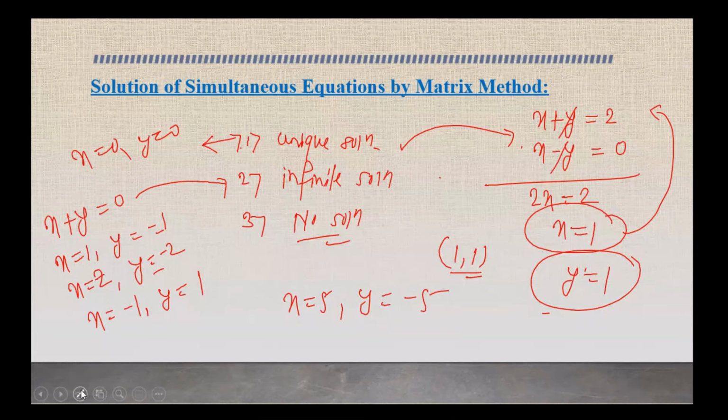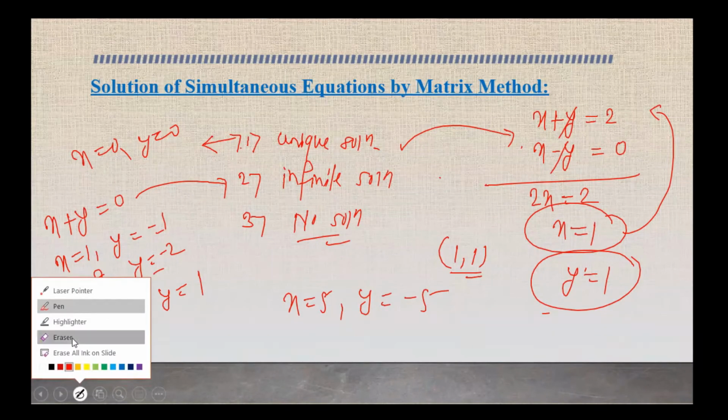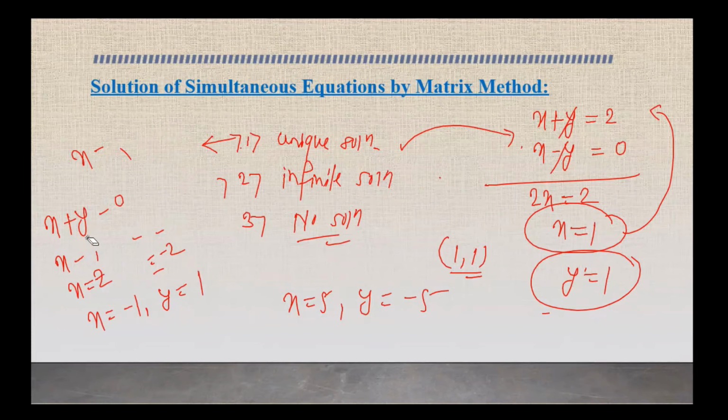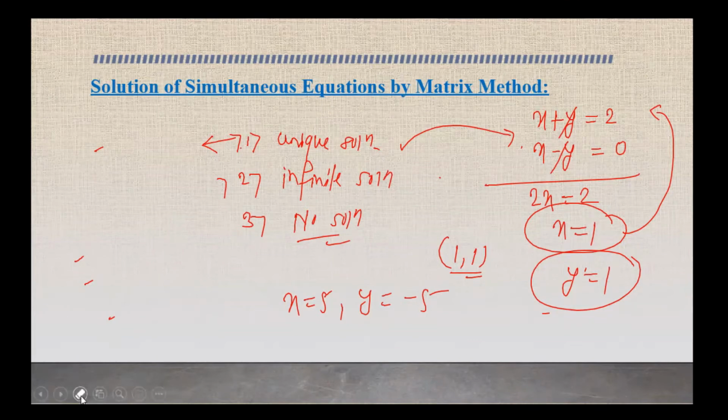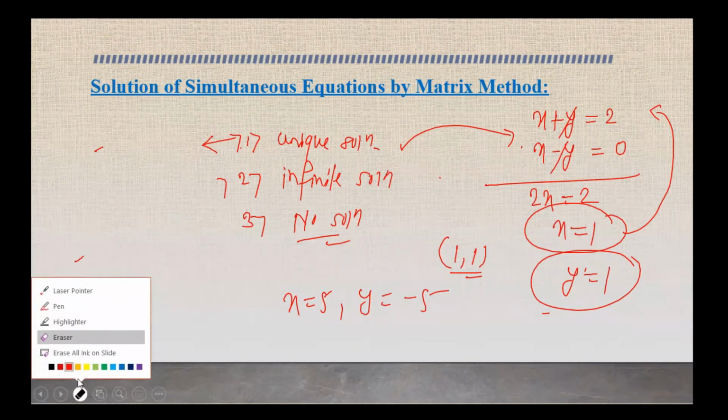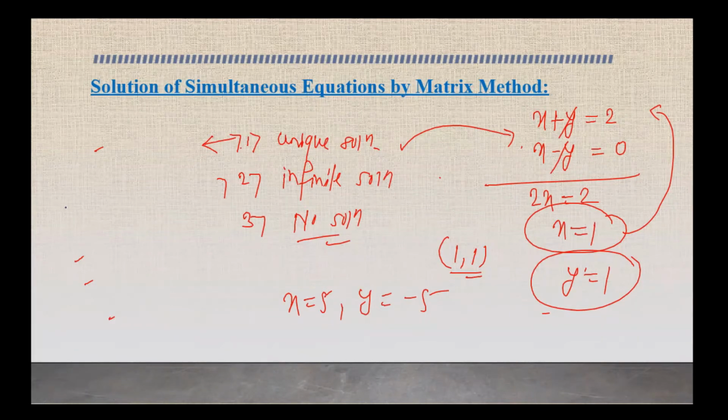And third is about no solution. So if we consider another problem, just take one more problem which shows that a problem can also have no solution, because it is not always possible that any problem has a solution. Suppose the problem is of this type: x plus y is equal to 0 and x plus y is equal to 1.